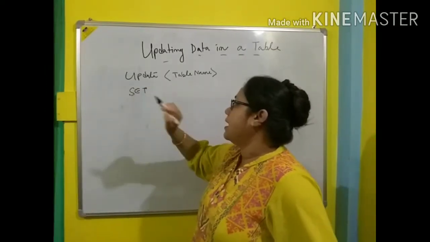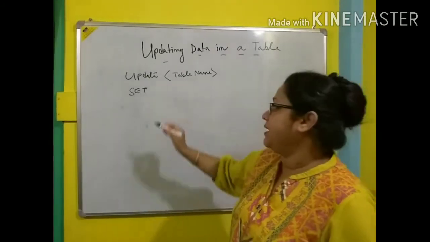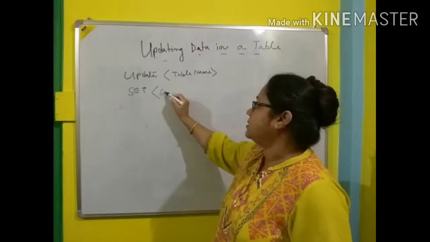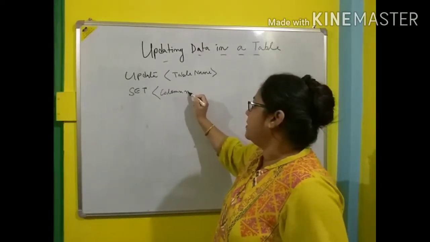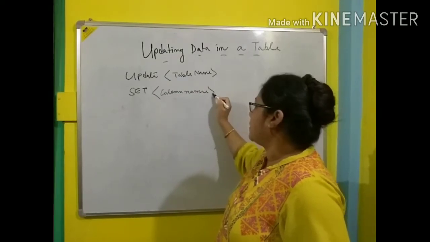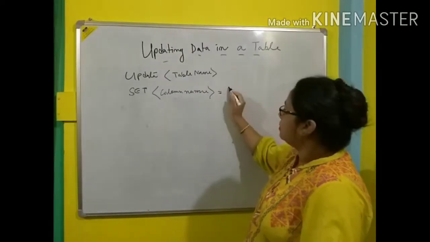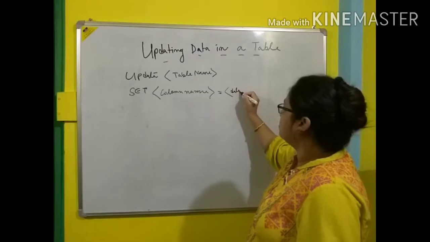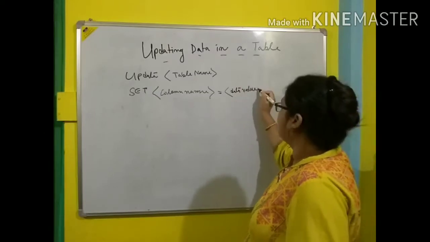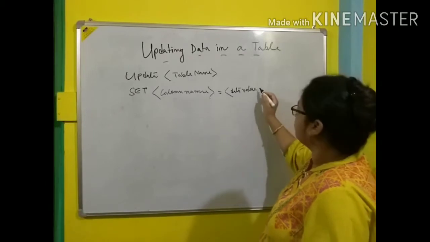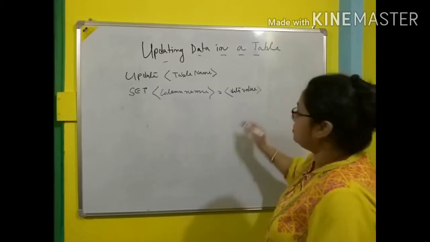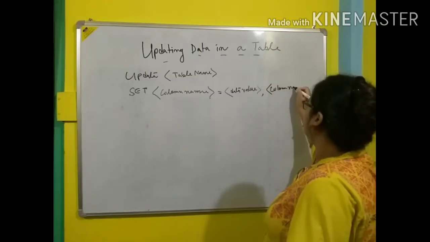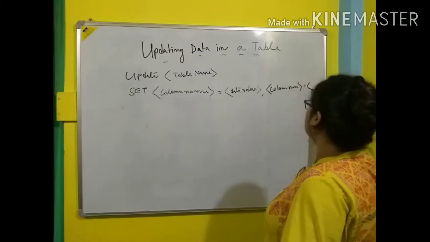After that, give the column name for which you want to modify the data value, column name equal to data value, after that, comma, column name equal to data value.